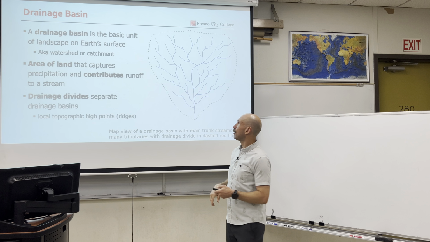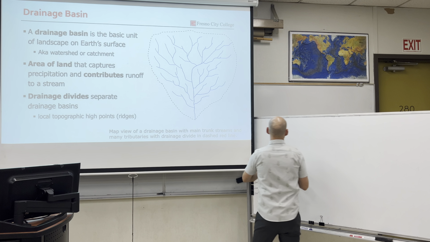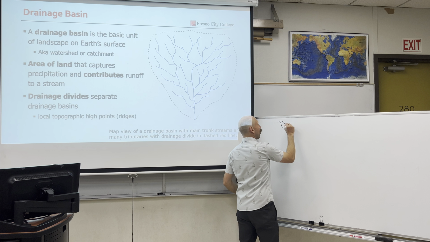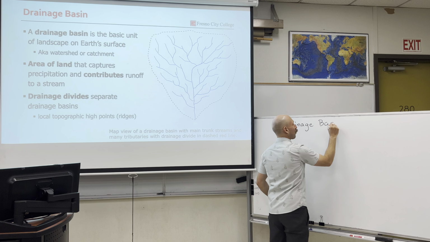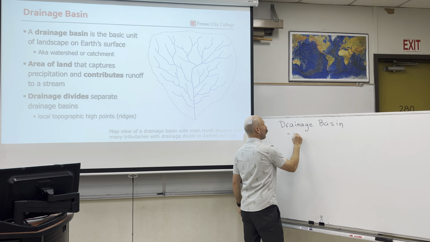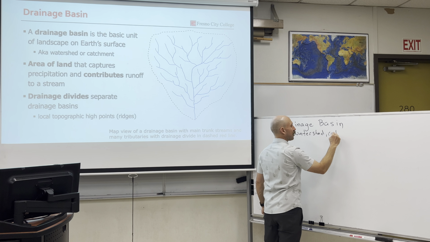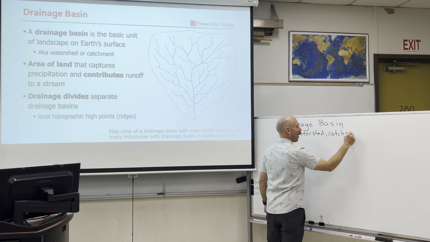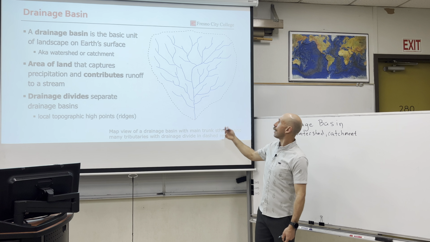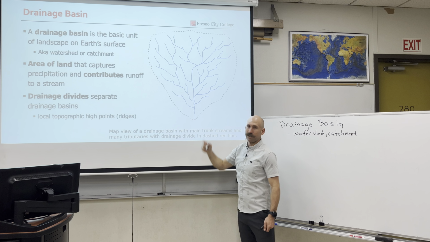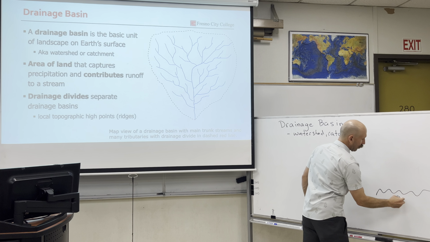So, as mentioned, a drainage basin is the basic unit of the landscape when thinking about rivers or river systems. Often called a watershed, also called a catchment. It is basically all of the land that drains to a certain point. Let's say here's the ocean.